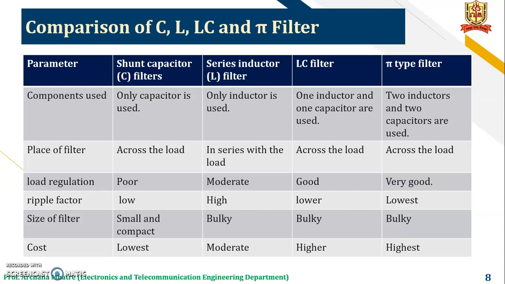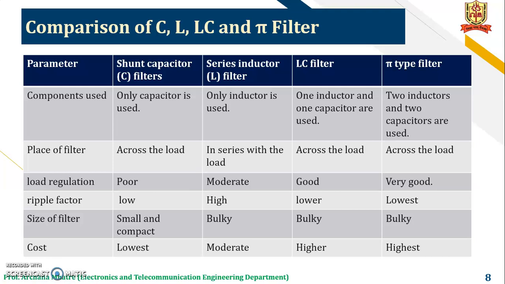Now the comparison of C, L, LC and pi filter. On the basis of these parameters, we'll compare shunt capacitor filter, series inductor filter, LC filter and pi type filter. First parameter is components used.